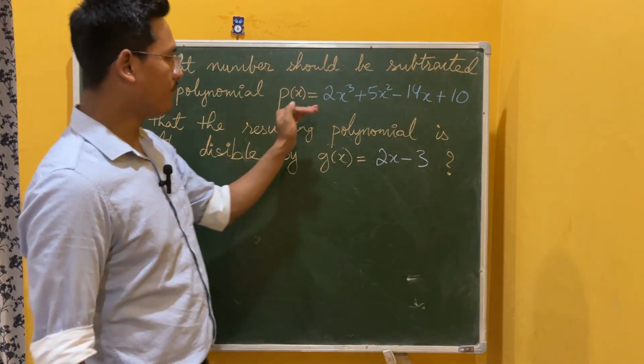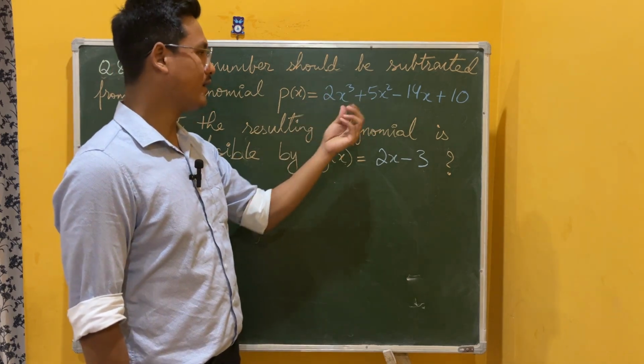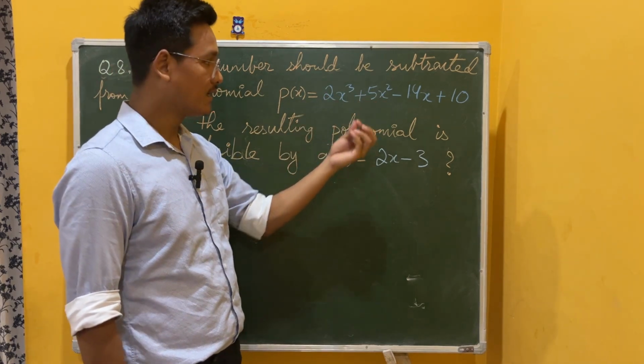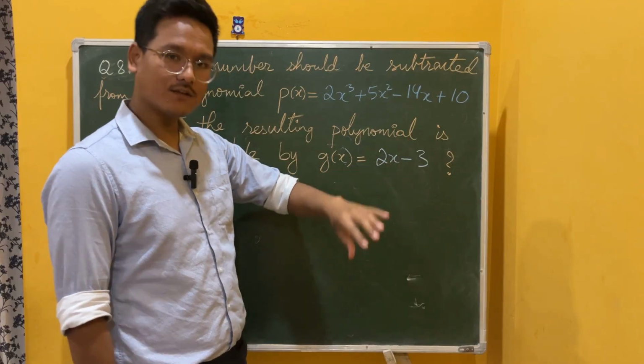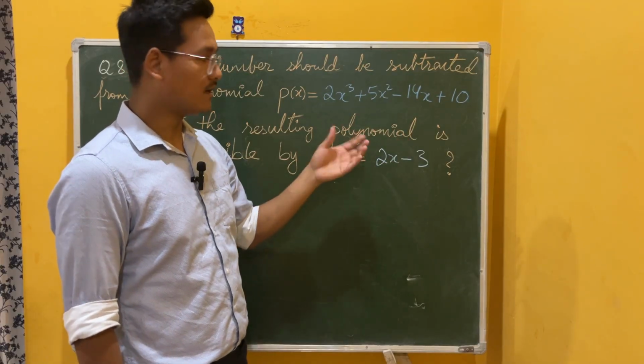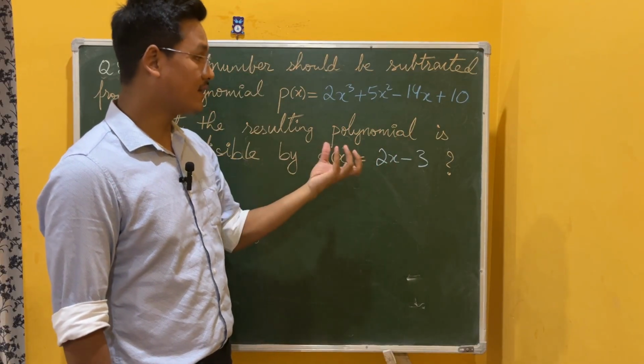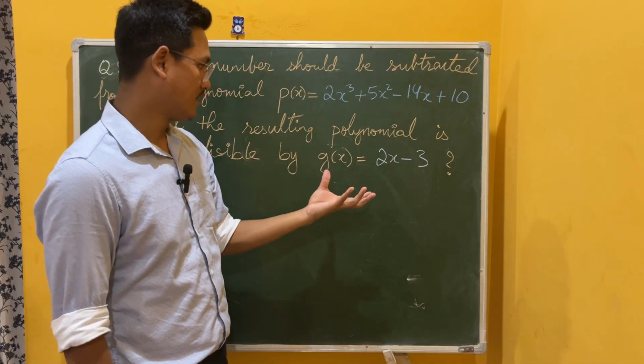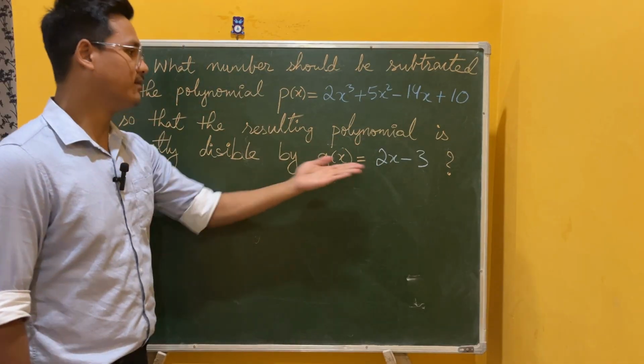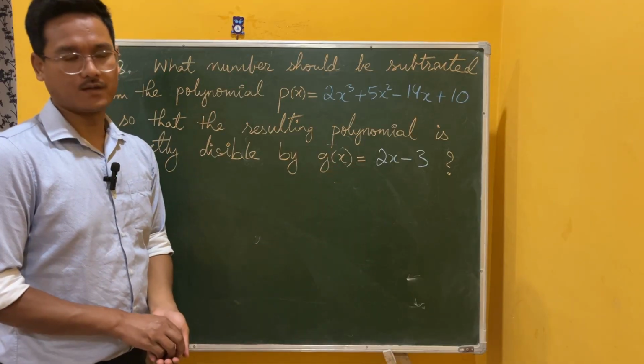So what quantity must be subtracted so that the difference you get is exactly divisible by this one.